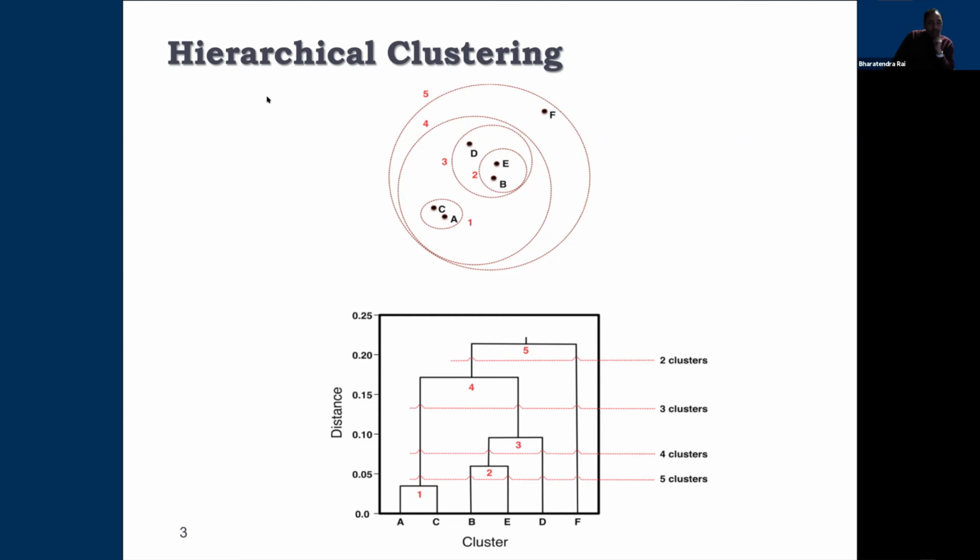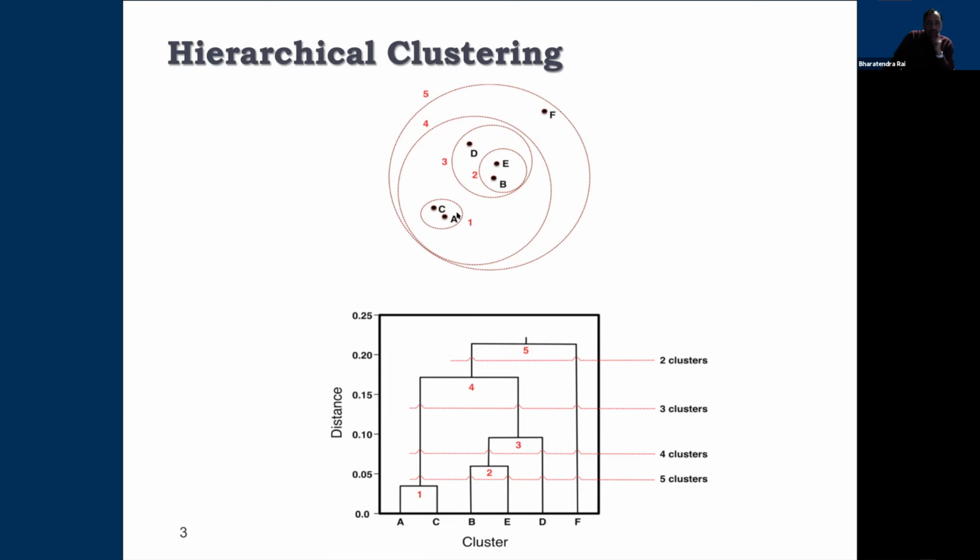There is a type of clustering called hierarchical clustering. Just like in a business, there is a hierarchy. There is an operator, supervisor, manager, director, or CEOs. Hierarchical clustering basically looks at clustering at different levels.